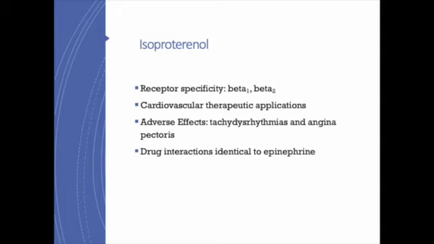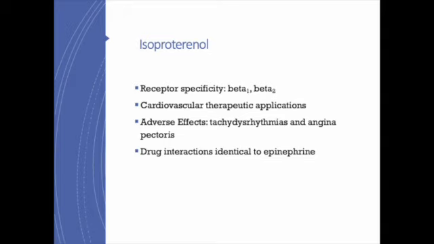Isoproterenol is only selective and has a specificity for beta 1 and beta 2. It's also a catecholamine, and it differs significantly from norepinephrine and epinephrine because it is only going to act on the beta adrenergic receptors. Isoproterenol is the first beta selective agent that we use clinically.